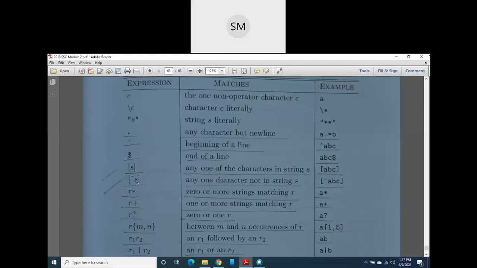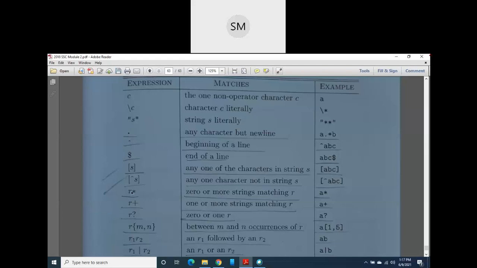It is going to match any one character which is not present in the string. It is just like a negation. Cap ABC means apart from this ABC, the remaining 25 alphabets will be matched. A will not be matched, B will not be matched, C will not be matched.